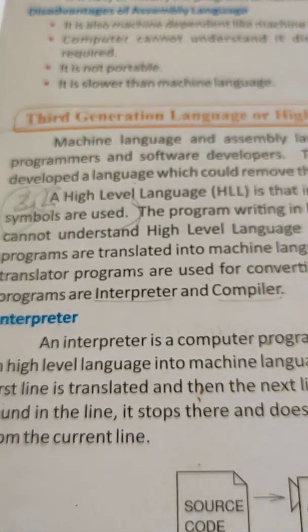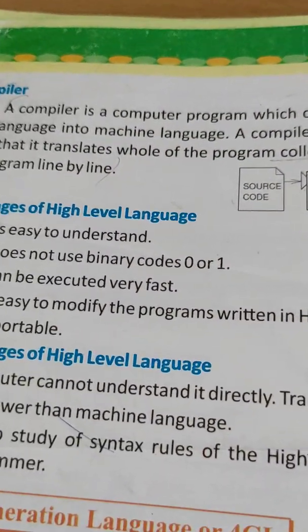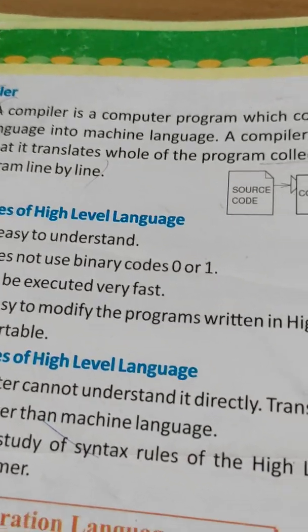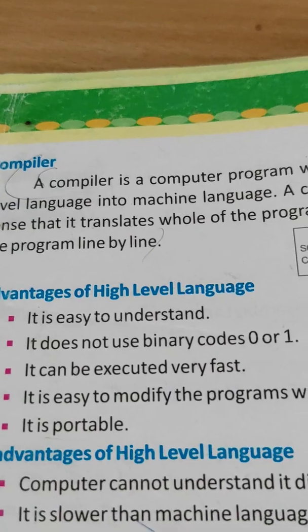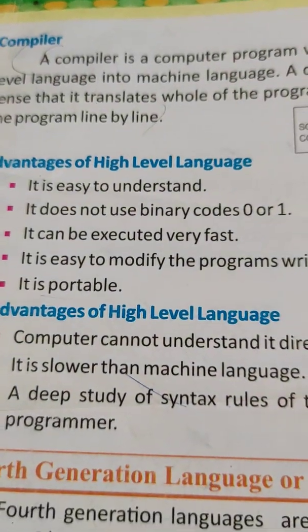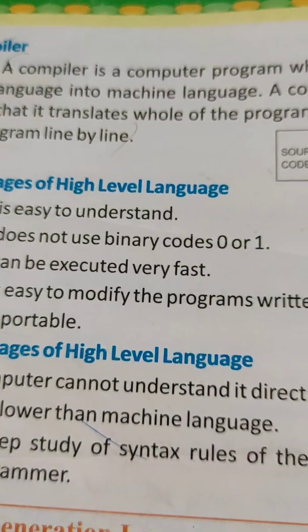Next is the compiler. Compiler is the second translator for high level language. It is also a computer program which converts the program written in high level language to machine language.